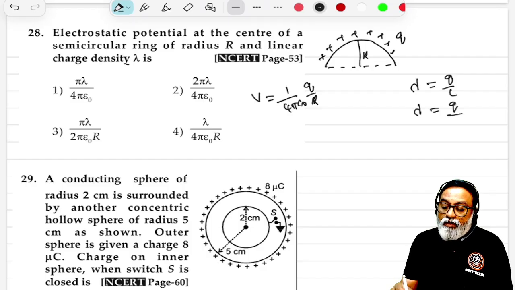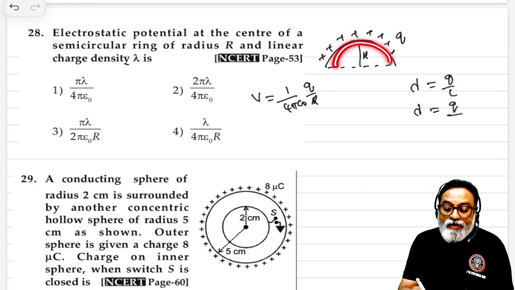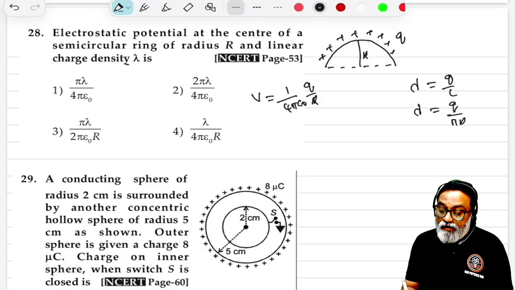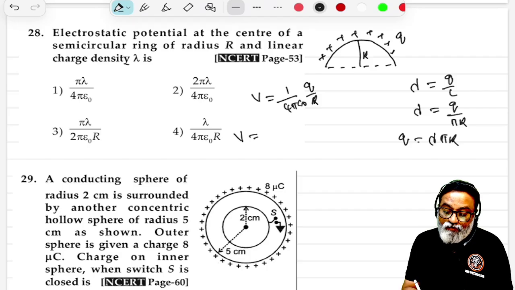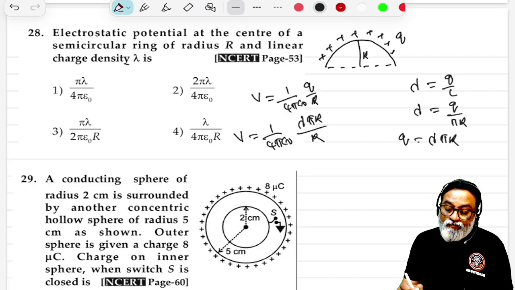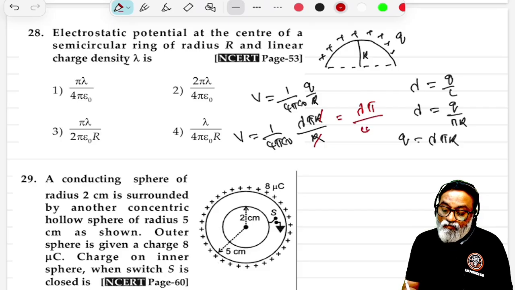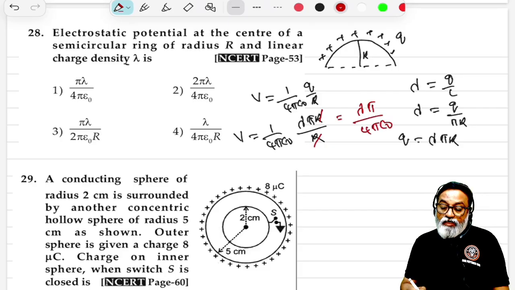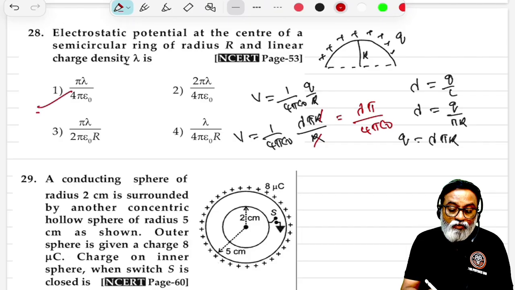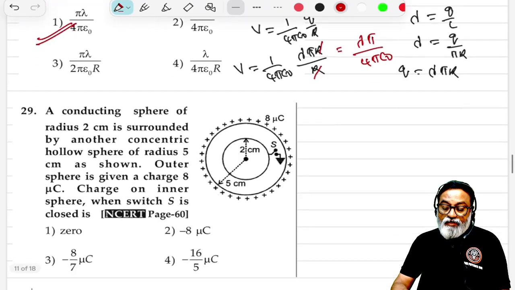Here the length of this semicircle is pi r. Therefore q is equal to lambda pi r. Then V is equal to 1 by 4 pi epsilon 0 into lambda pi r by r. Therefore here r gets cancelled. Therefore this becomes lambda pi by 4 pi epsilon 0. Therefore option 1 correct.